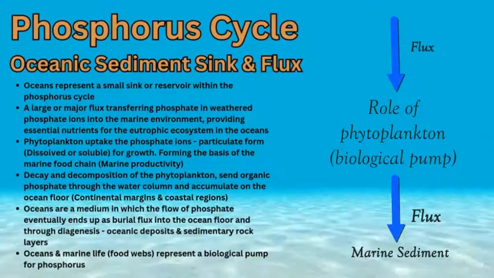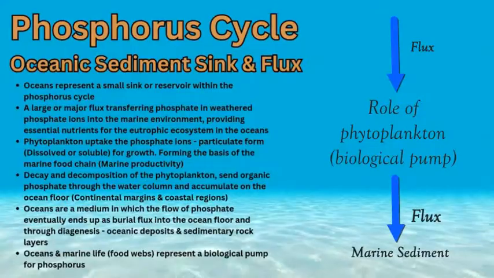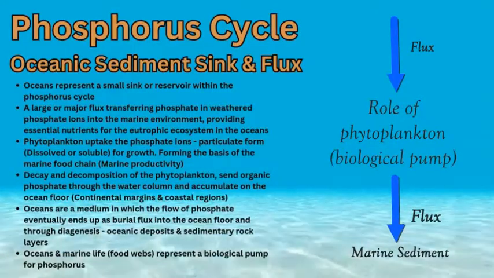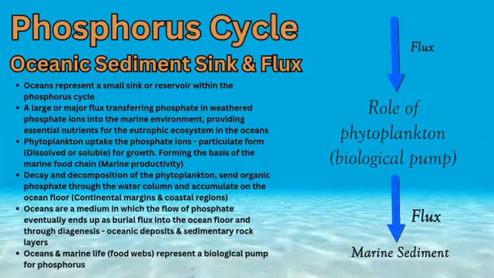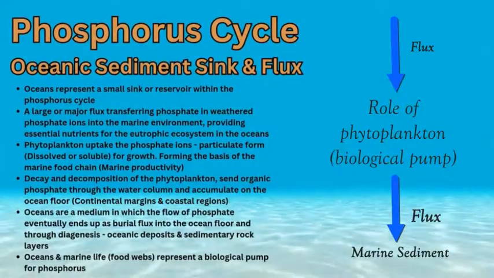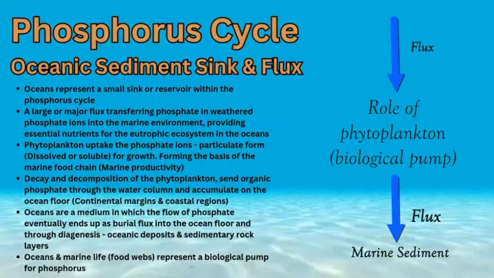And it's going to serve as a biological pump in the oceans where the phytoplankton is going to consume and take up the phosphate ions. It's going to be organic phosphorus in these marine organisms.